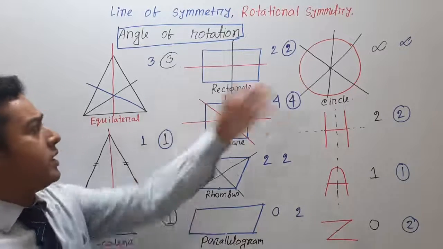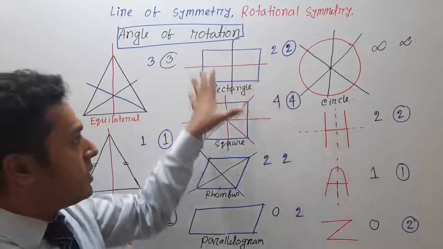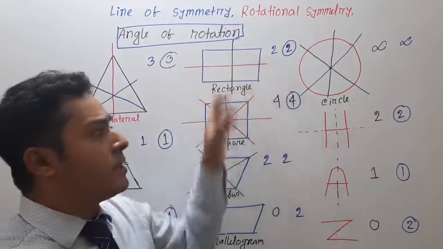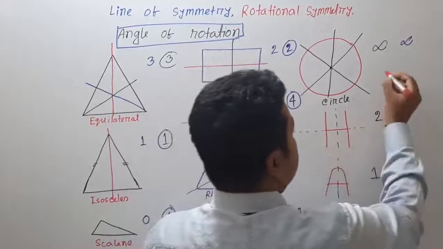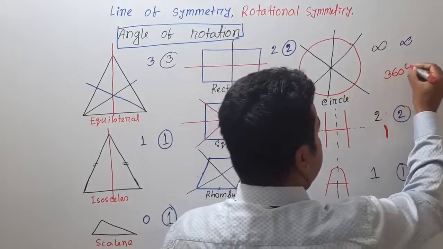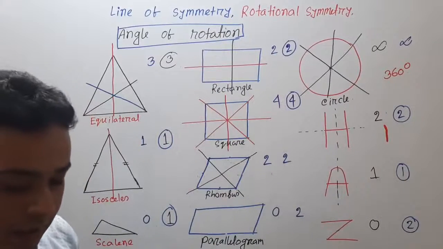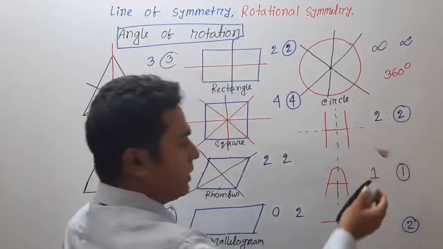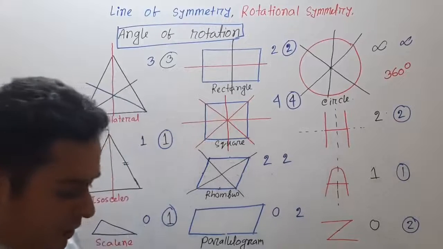For a full rotation of any shape about any point, the full rotation is 360 degrees. Any full rotation, the angle is 360 degrees. Okay, the angle is 360 degrees.